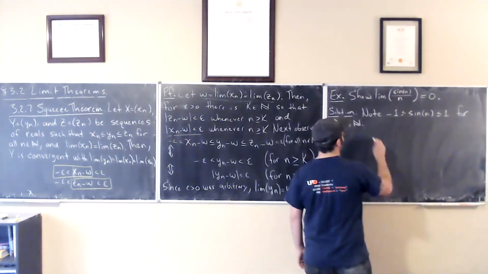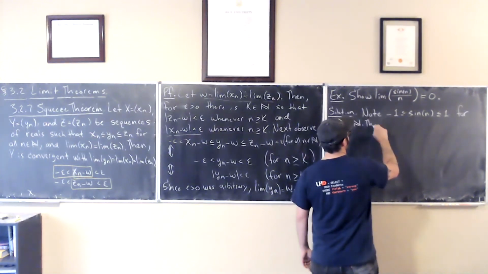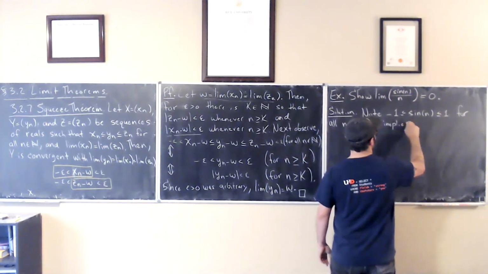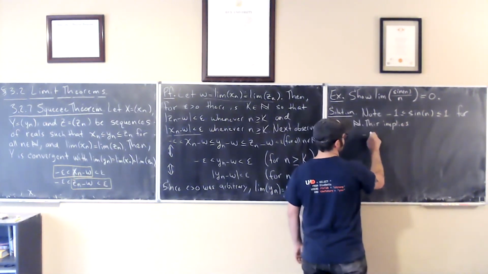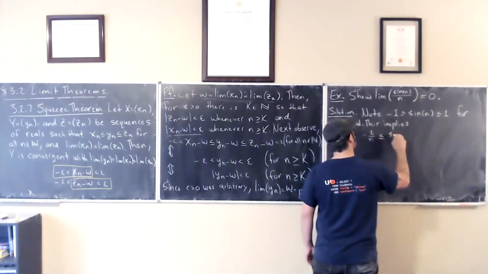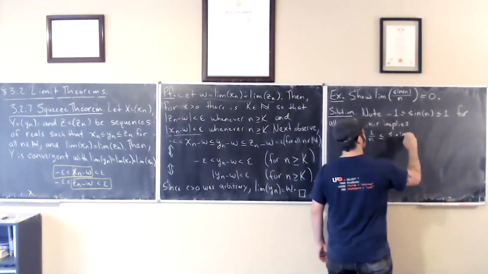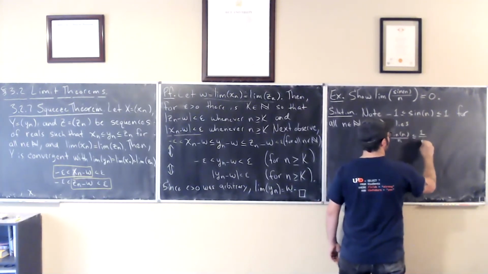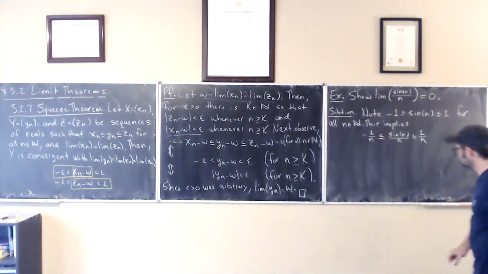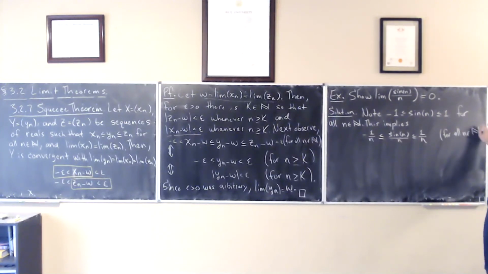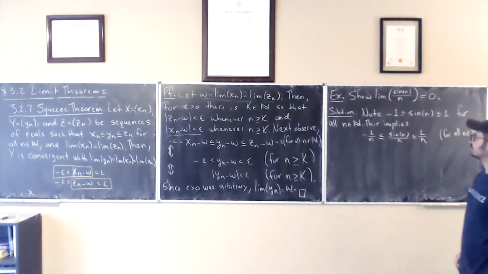Which means that this implies that -1 over n is at most sine of n over n, which is at most 1 over n. And this is again for all naturals n.